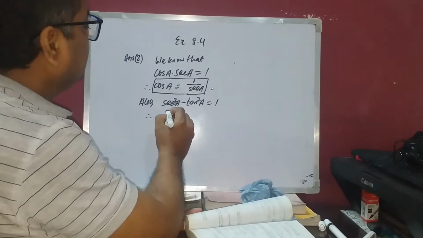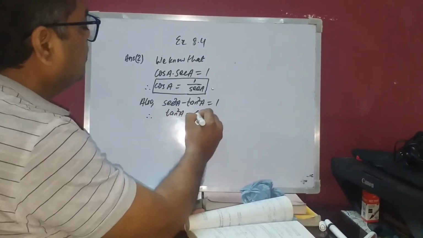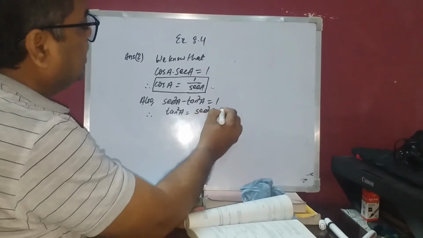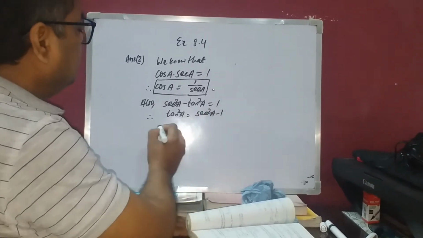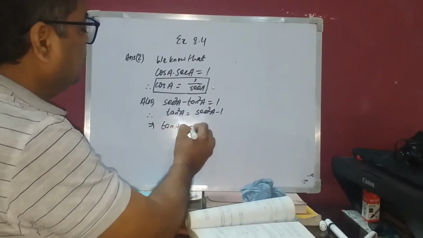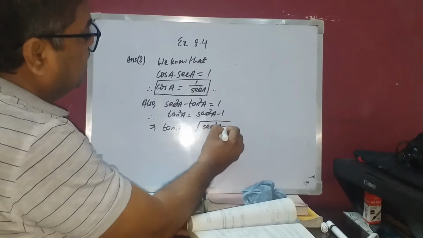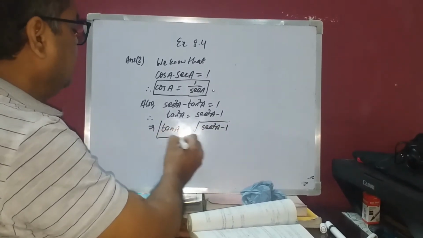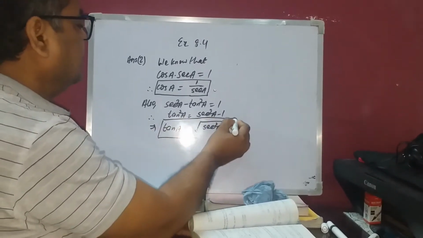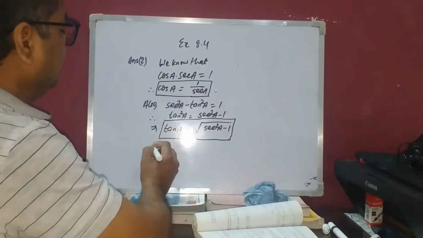Therefore tan square A equals sec square A minus 1. This becomes tan A equals under root sec square A minus 1. This is the conversion of tan A in terms of sec A.